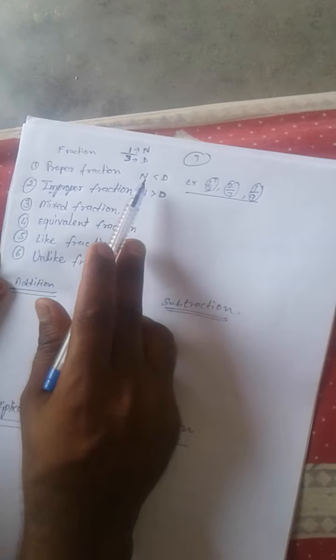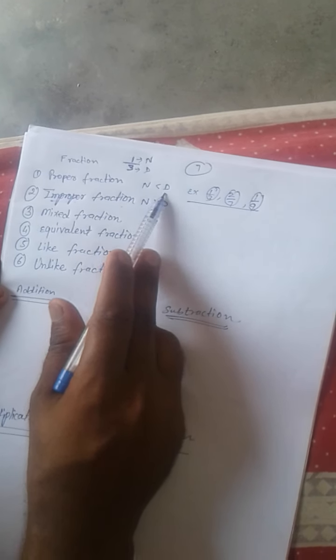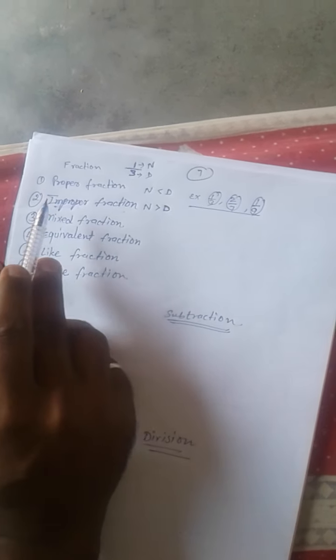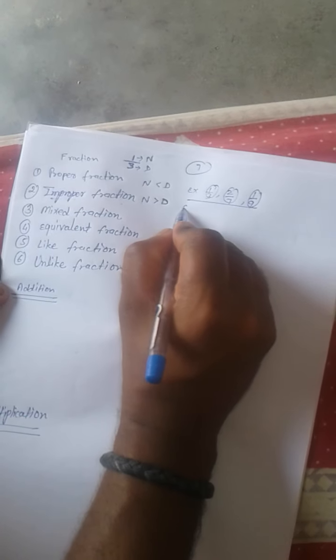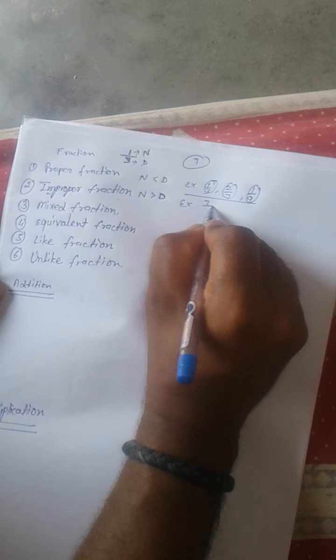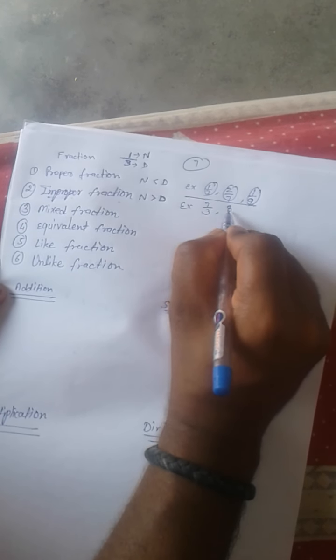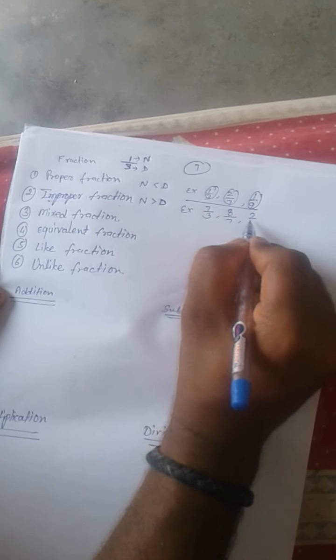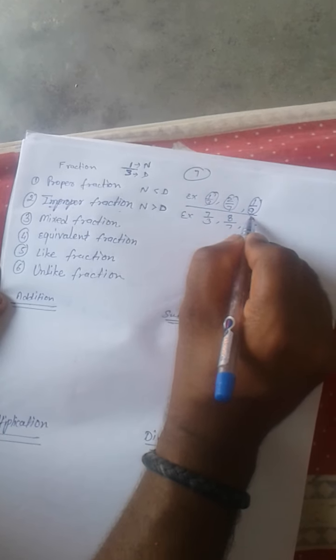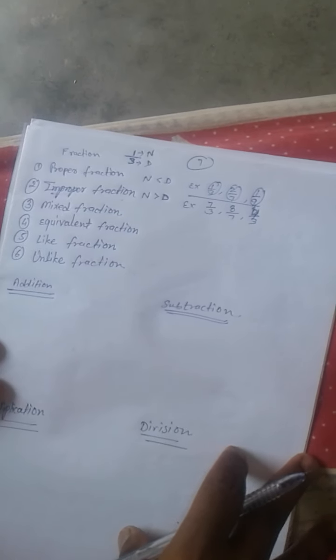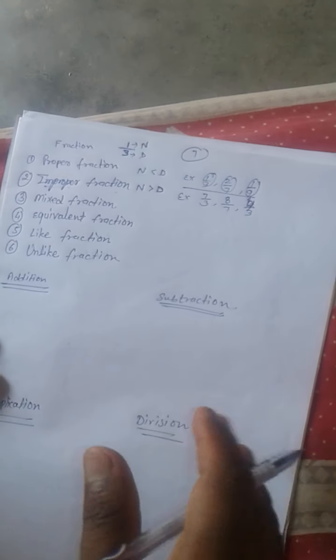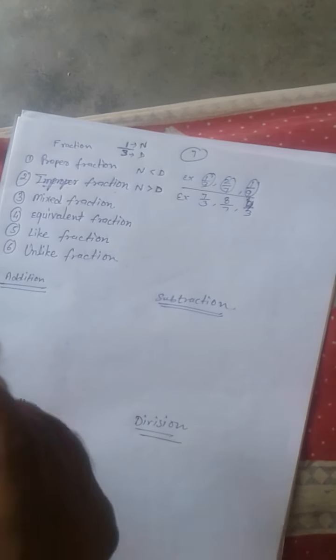In a proper fraction, the numerator is smaller than the denominator, while in an improper fraction the numerator is greater than the denominator. For example, 7 by 3, 8 by 7, 4 by 3, these all are examples of improper fractions.